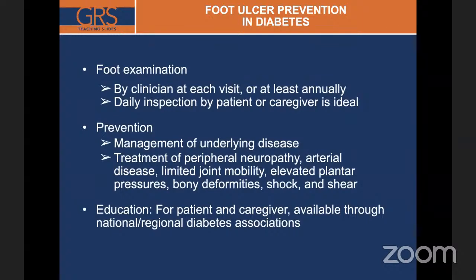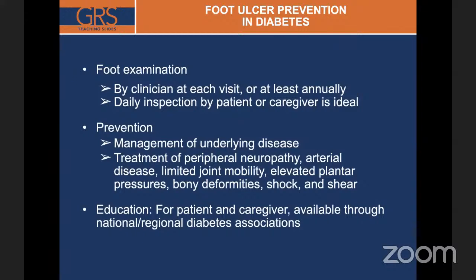Then we're going to discuss the prevention of foot ulcer in diabetes. First of all, we need to do a foot examination by a clinician at each visit or at least annually, and then daily inspection by the patient or caregiver. Also management of underlying disease: treatment of peripheral neuropathy, arterial disease, limited joint mobility, elevated plantar pressure, and bony deformities, and shock and wear.